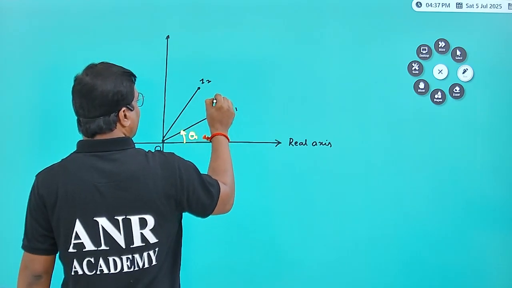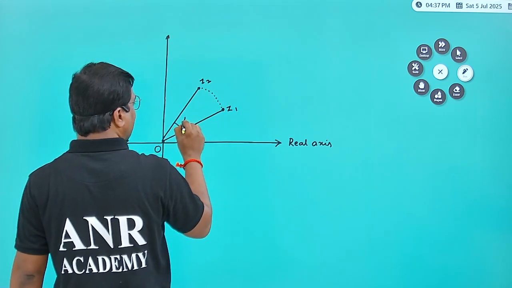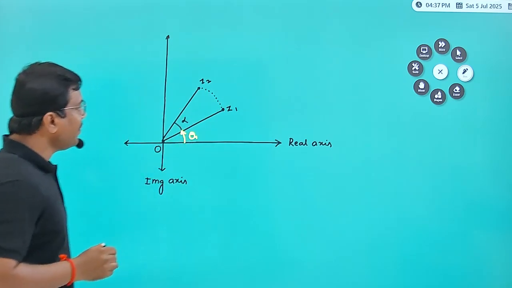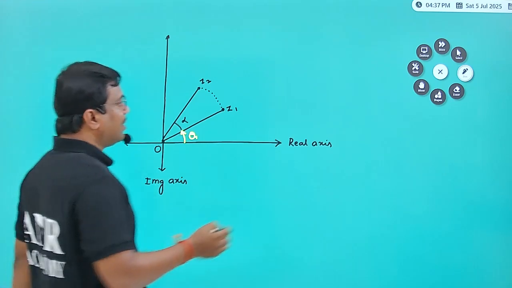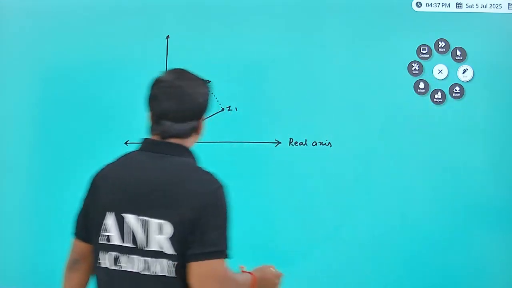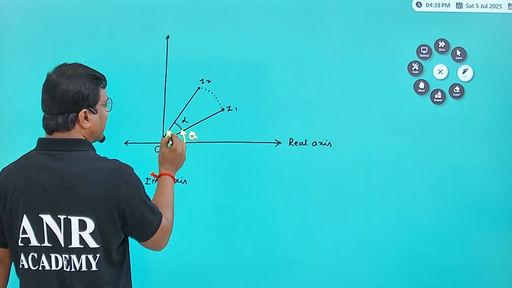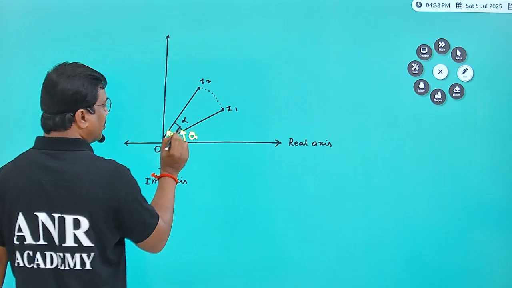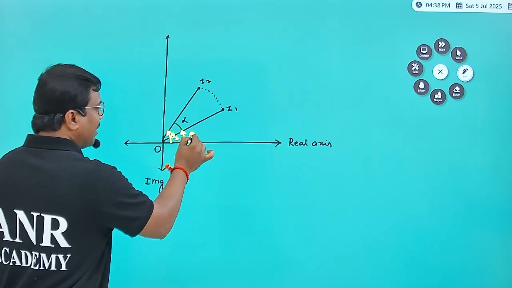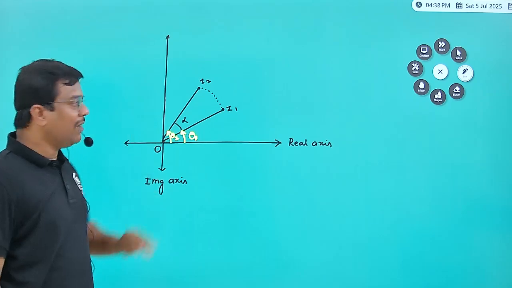This is the rotation, and here the angle of rotation, suppose, is alpha. And assume that OZ2 makes an angle theta 2 with the real axis in the counterclockwise sense. This is theta 2 and the first one makes an angle theta 1, and the angle between OZ1 and OZ2 is alpha.